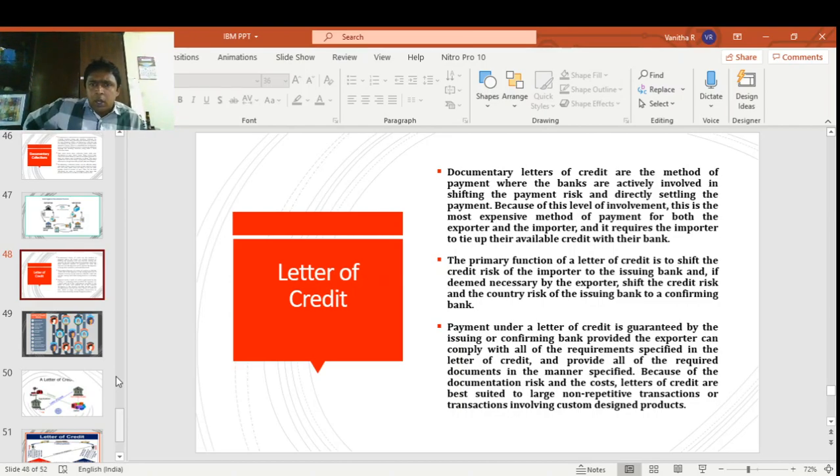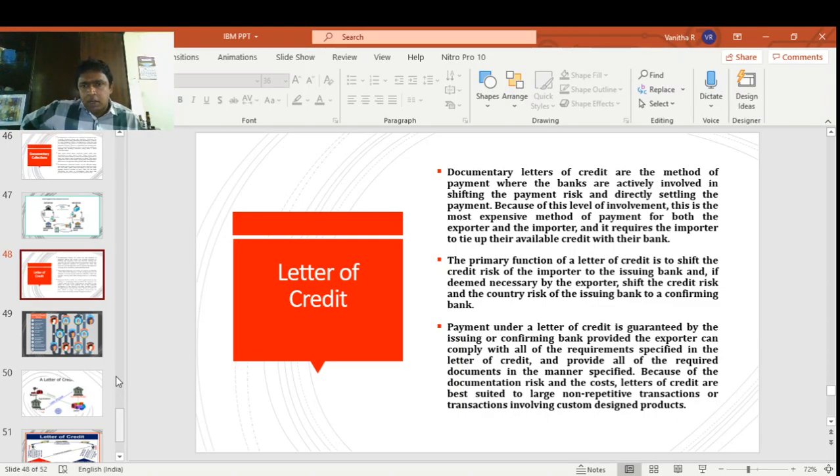So this is about documentary letters of credit, a method of payment where the banks are actively involved in shifting the payment risk and directly settling the payment. Because of this level of involvement, this is the most expensive method of payment for both the exporter and the importer, and it requires the importer to tie up their available credit with their bank.